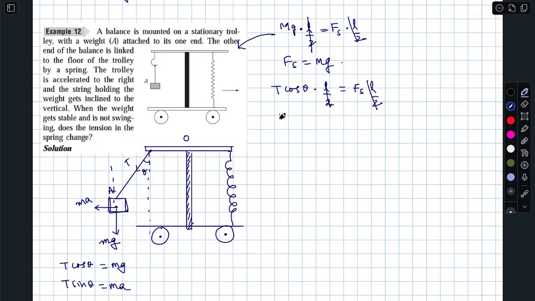T cos theta is again mg. What I have proved is Fs dash is same as Fs. So no change in the tension of the spring.